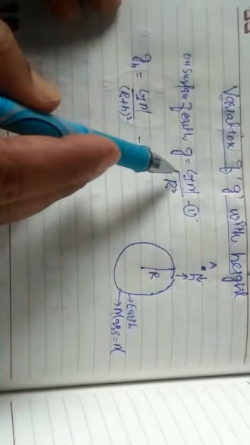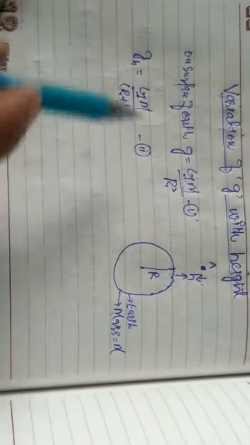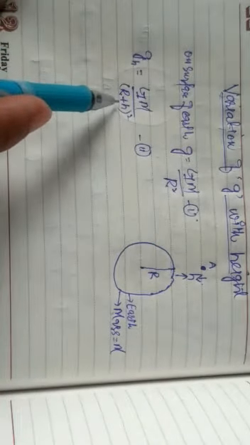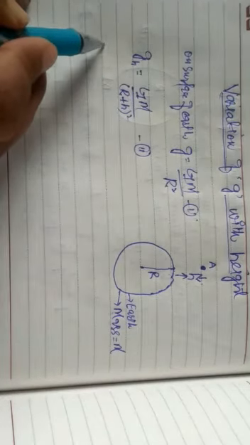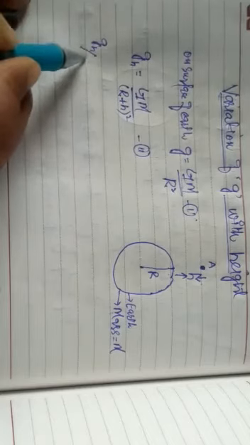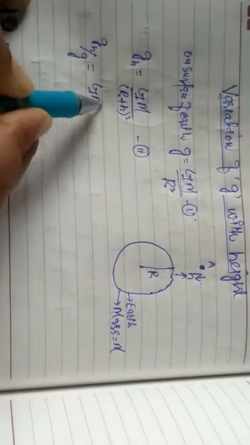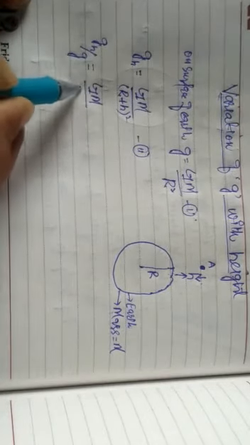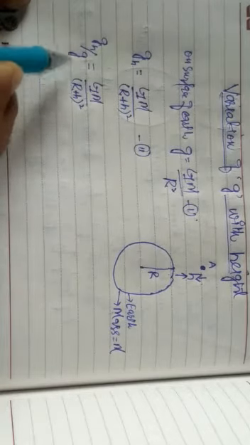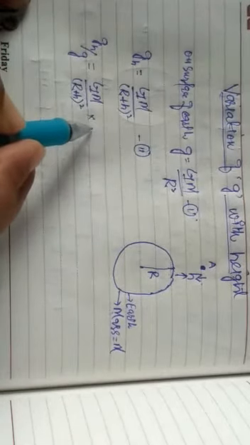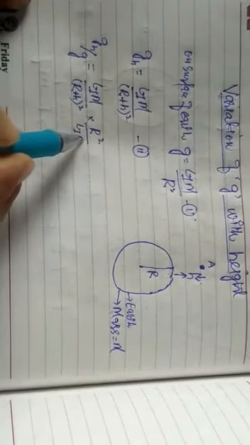Simply, acceleration due to gravity on the surface of Earth is g equals GM by R square. But acceleration due to gravity at some height h is GM over R plus h whole square. Now if we divide them, it will be gh by g equals GM by R plus h whole square, divided by g, and g's value we take reciprocal, R square over GM.